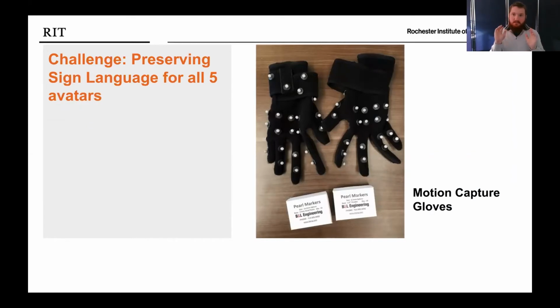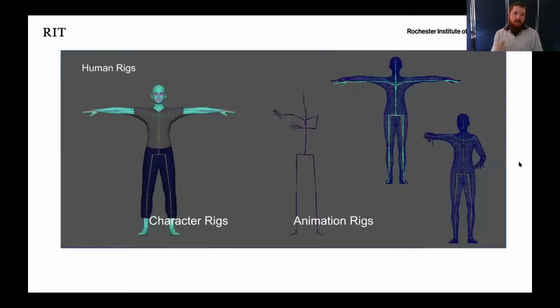All right, we're talking about motion capture gloves. These are important because the movements of the fingers are necessary to be able to show sign language clearly. So with human rigs, you can see the character rigs and the animation rigs that we use to capture the action.